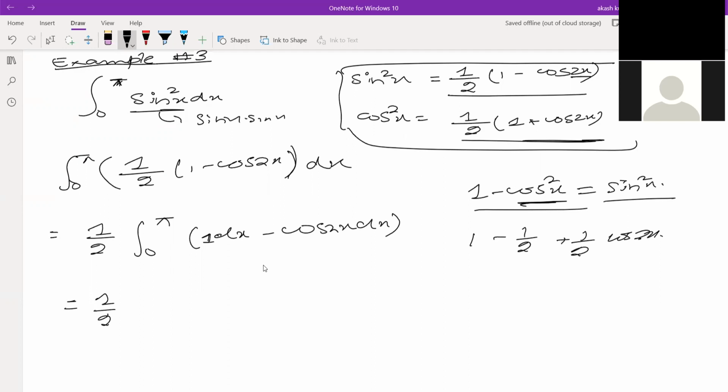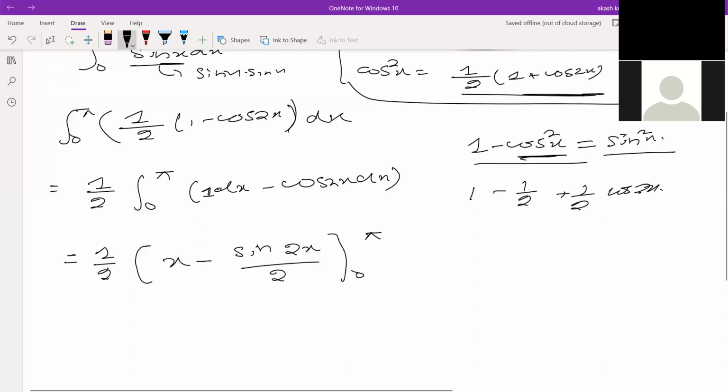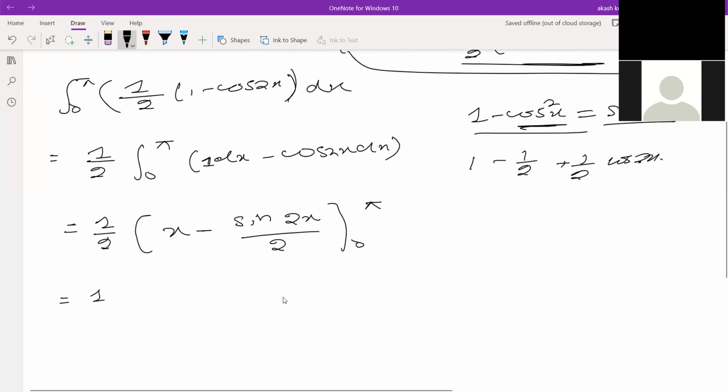Okay, the integral of 1 is x, and the integral of cos 2x is sine 2x over 2, from 0 to pi. Now I apply the upper limit minus lower limit.